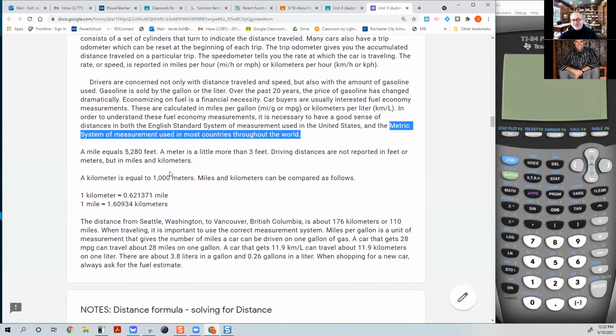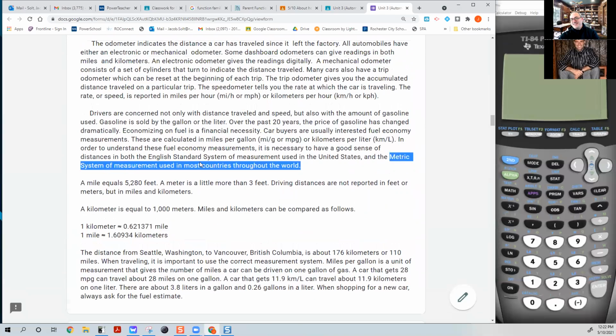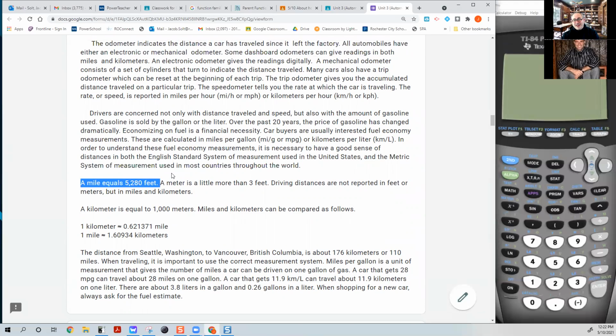Okay, so this gives you an idea of why I'm making fun of this a little bit, right? You may not know this, but a mile equals 5,280 feet. So in order to understand how many feet are in a mile, you just have to memorize that there are 5,280 feet in a single mile. Well, on the other hand, a kilometer, see how it says kilo? Kilo stands for 1,000.